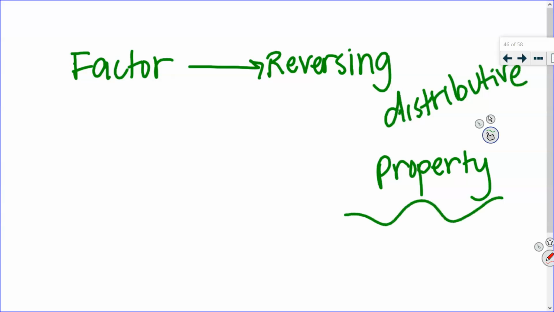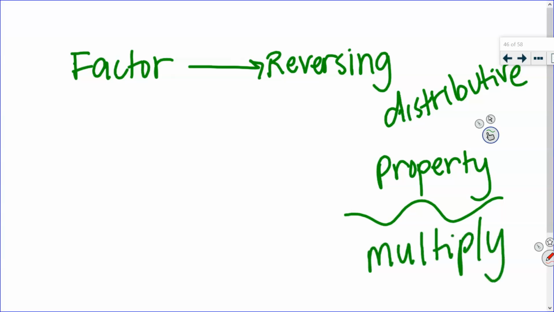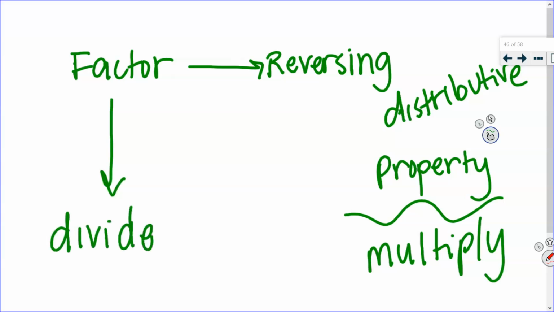And if you are reversing that, then you are doing the opposite operation. So when you distribute, do you add, subtract, multiply, or divide? You multiply. So when we factor, what's the opposite of multiplication? Yeah. So this is multiply, but we're not really worried about multiplying. This is what we're working on. And when you factor, you divide.